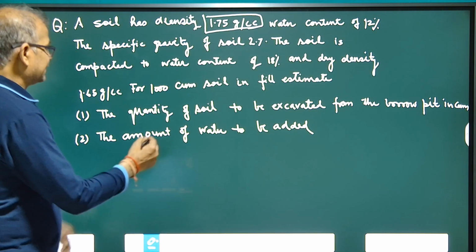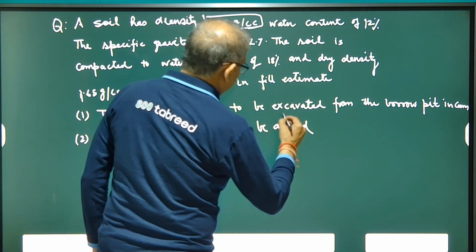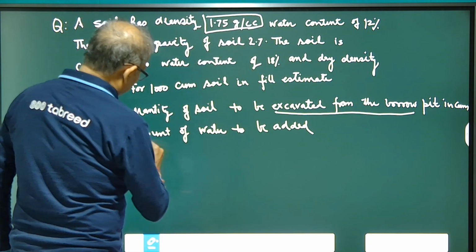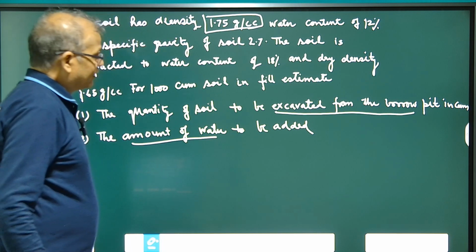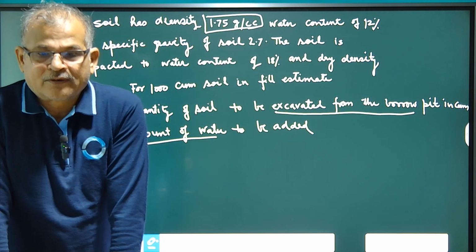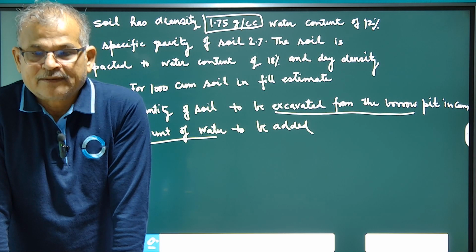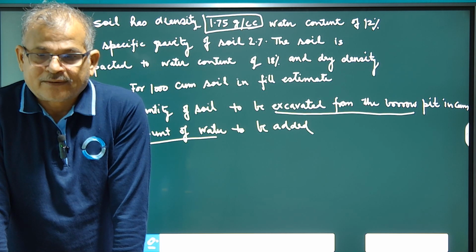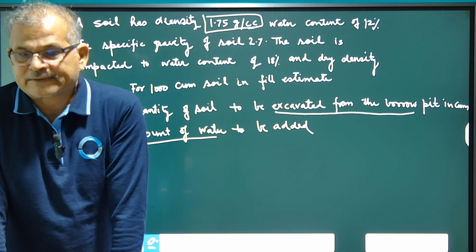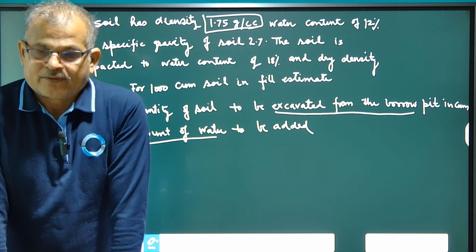The deliverable is how much soil to be excavated from the borrow area and the amount of water to be added. Strategy to solve this kind of question: we must find out the dry density of borrow area soil, and if it is not given, we should find out the dry density of the embankment soil.